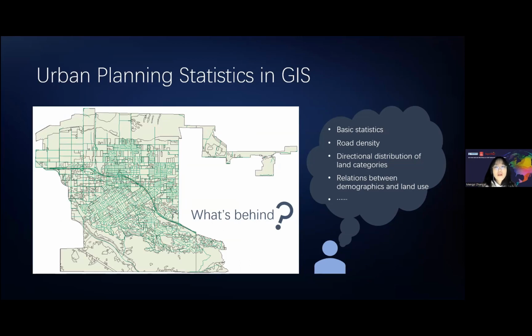From these two data sets, we will first have a brief summary on their basic statistics and features. And then we would calculate road density for each land piece in this urban area. And finally, we will have a directional distribution analysis for different land categories so that we can find those categories that have similar distribution patterns.